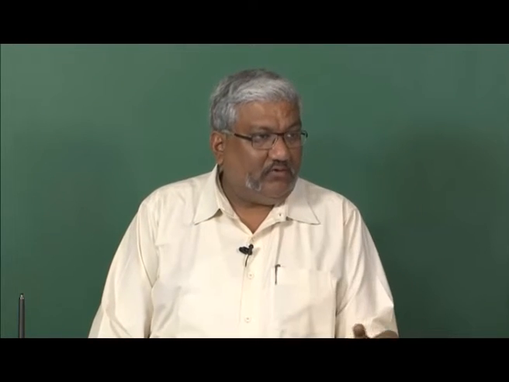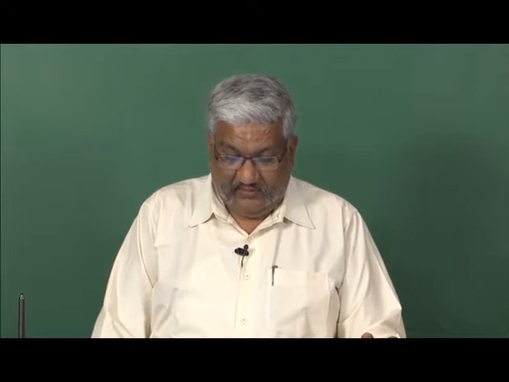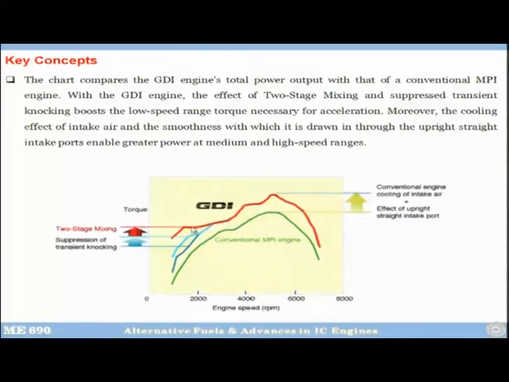So it is an apple to apple comparison. On this basis, you can see that the GDI engine's performance in terms of power output and torque output is definitely much superior to the conventional MPFI engine across the speed range. So basically with the GDI engine, the effect of two-stage mixing and suppressed transient knocking boosts the low speed torque necessary for acceleration.